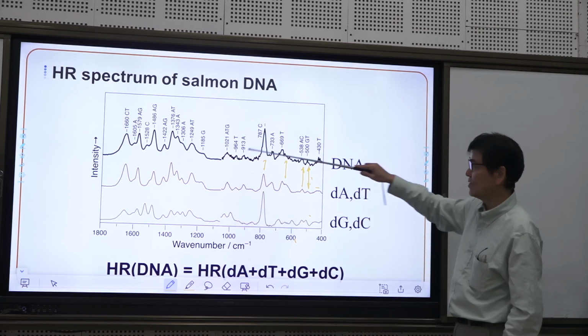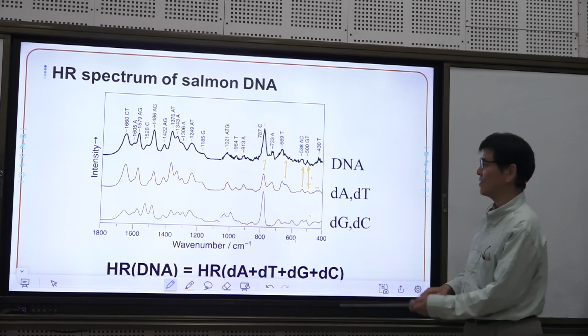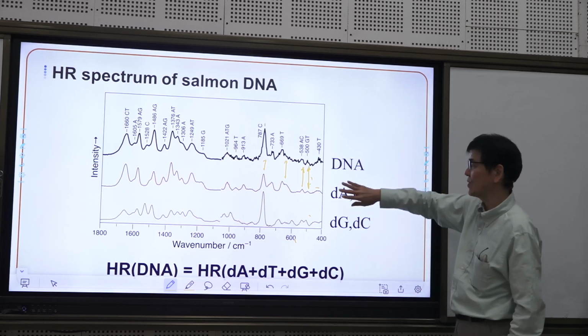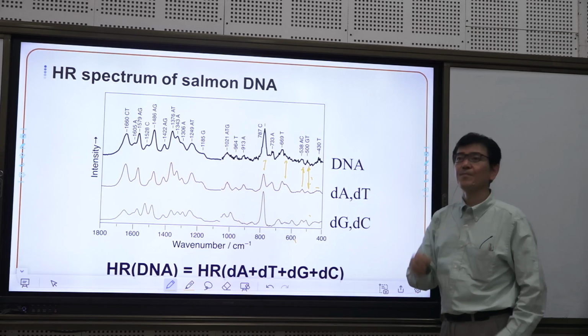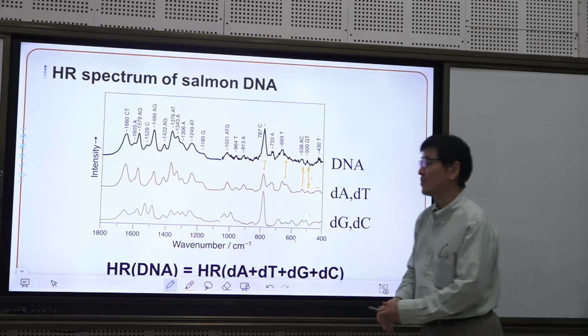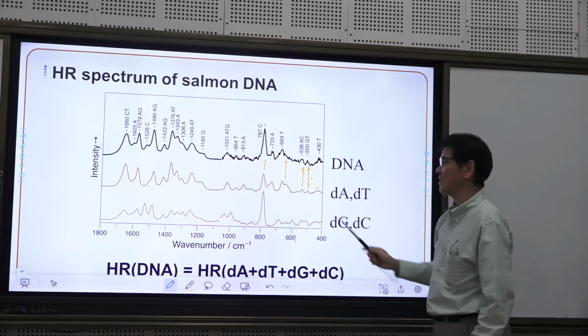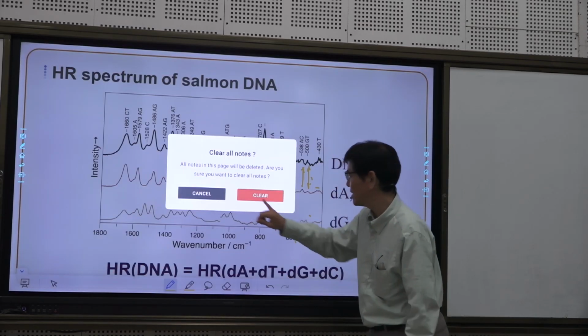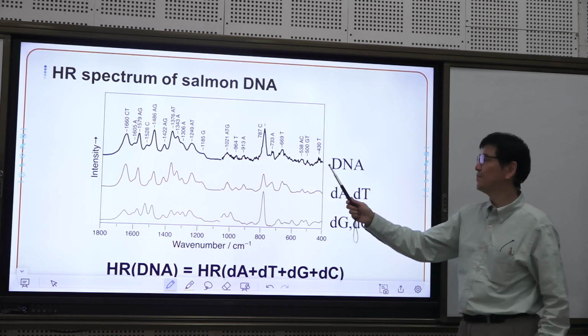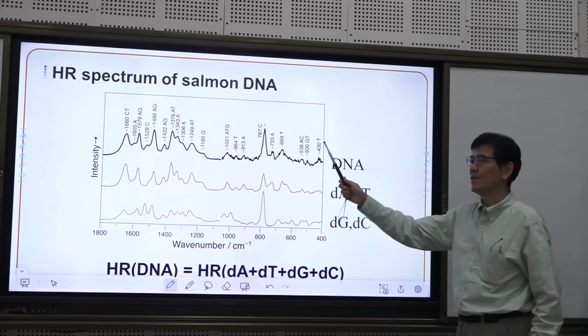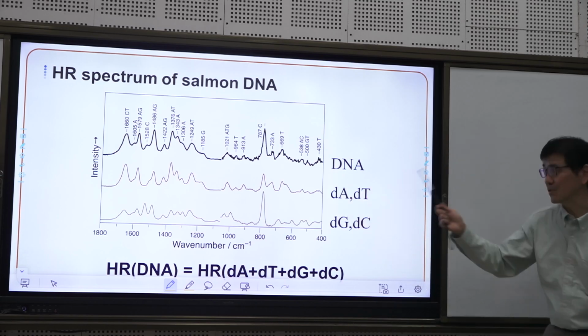So a new peak appears that is not explained by the linear combination of these four, but in vain. It was impossible. All the peaks were explained by the linear combination of these four. So in this meaning, it's the same as using resonance Raman spectroscopy.